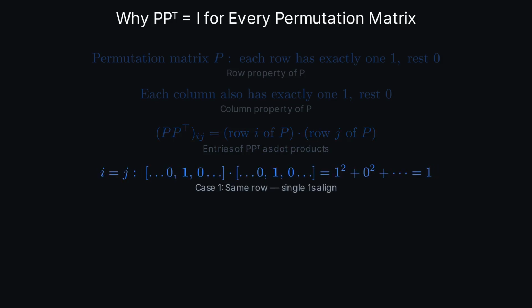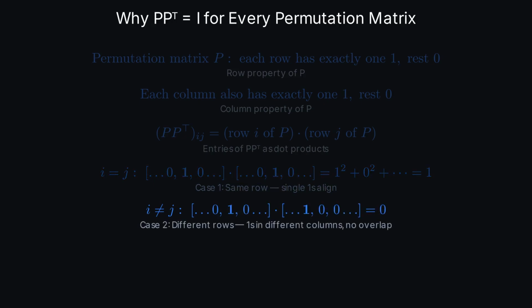When we dot a row with itself, the single 1 aligns with itself and every 0 aligns with a 0. So the result is 1 squared plus 0 squared plus 0 squared and so on, which equals 1. Case 2. When we dot two different rows, their 1s sit in different column positions because no two rows can have their 1 in the same column. So the 1s never overlap and every product in the sum is 0.